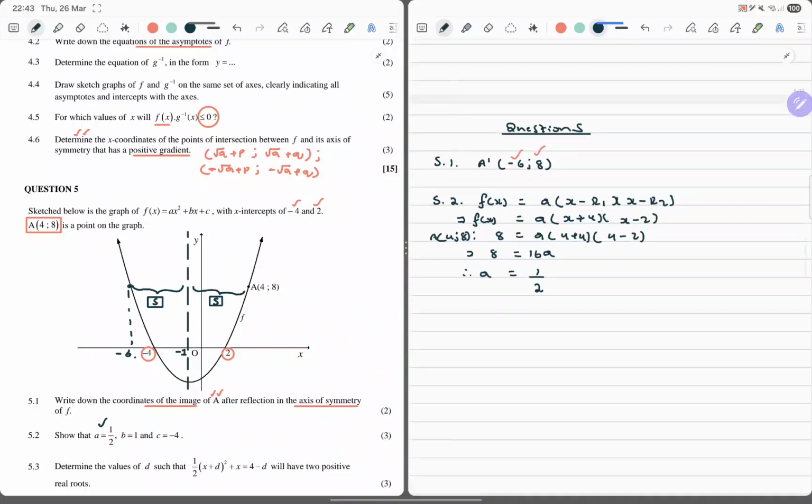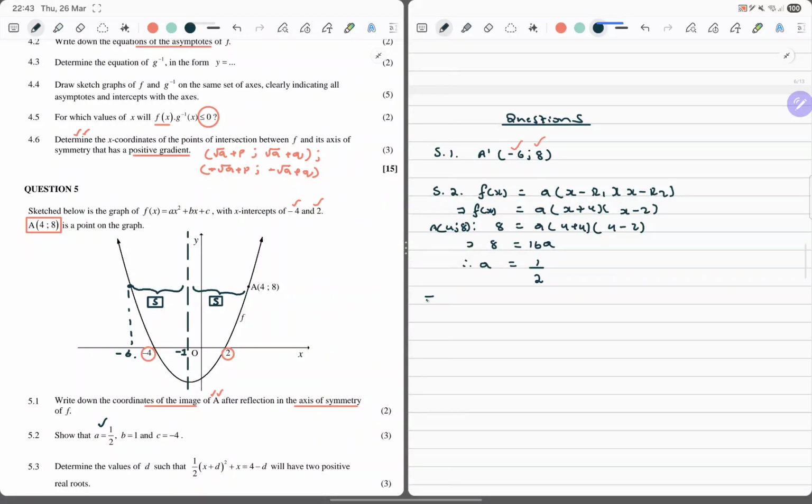We got it. Now we go back, say then f of x is equal to 1/2 of x plus 4 into x minus 2. We FOIL it out. So this is 1 over 2 into, this is x squared, right, plus 2x minus 8.